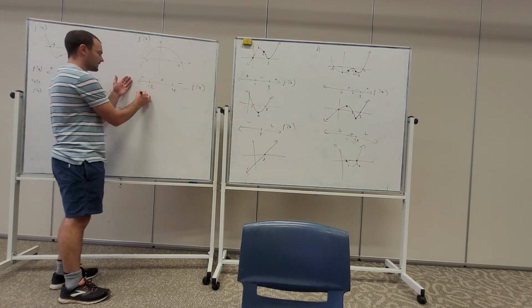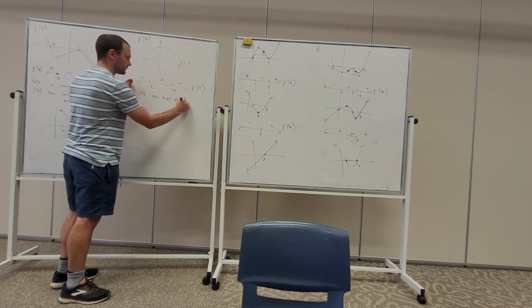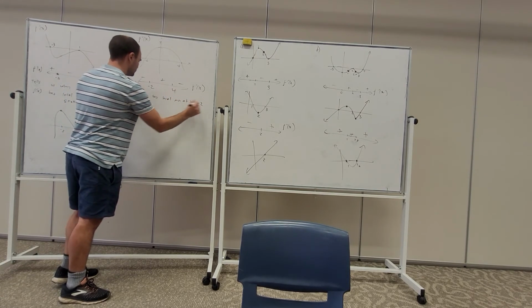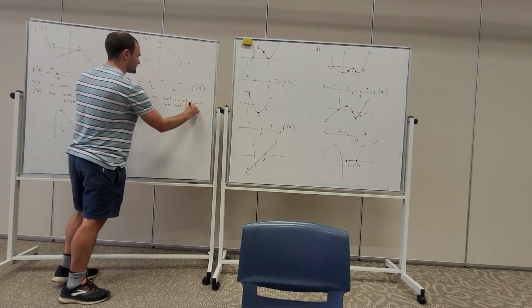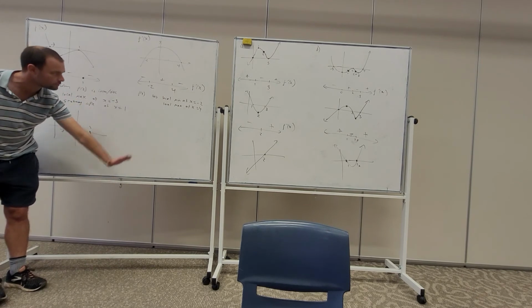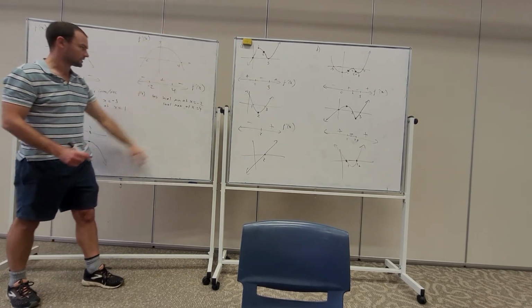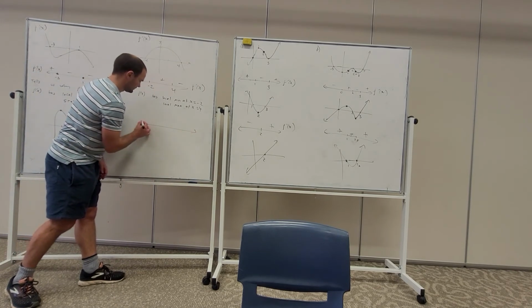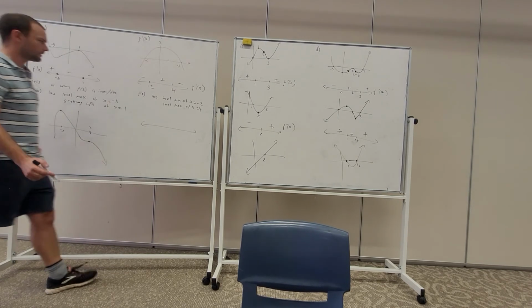We're going to have f of x has local min at x is minus 2, and it has a local max at x is 4. Okay, decreasing till minus 2, then increasing, increasing till 4, and then decreasing. So let's put that on there.